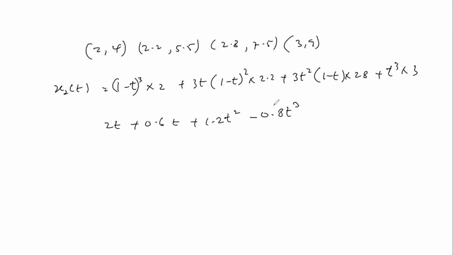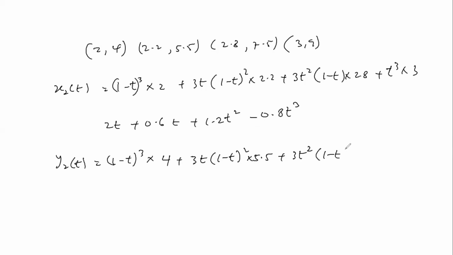And now this will give us 2 plus 0.6t plus 1.2t squared minus 0.8t cubed. Okay. And then we do the same for y of 2t, which will be 1 minus t cubed times 4 plus 3t, 1 minus t squared times 5.5 plus 3t squared, 1 minus t times 7.5 plus t cubed times 9.